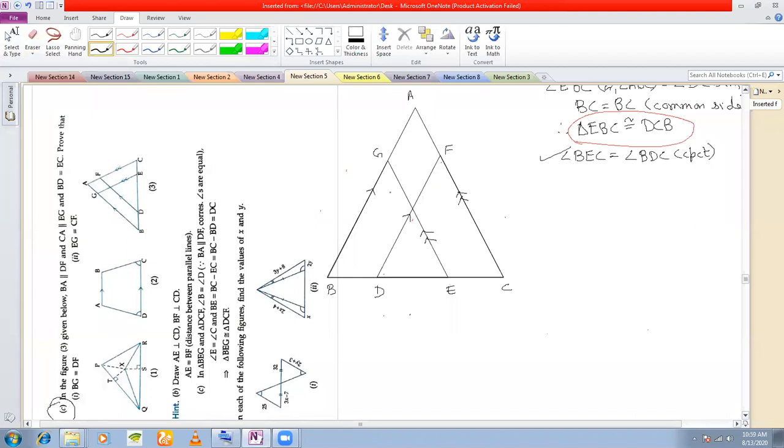If those two sides are involved, that means obviously BG is the side of this blue triangle, and DF is the side of this green triangle. Okay, we shall prove these two triangles to be congruent. Okay, so how to prove these two triangles to be congruent? Let me first erase these two.